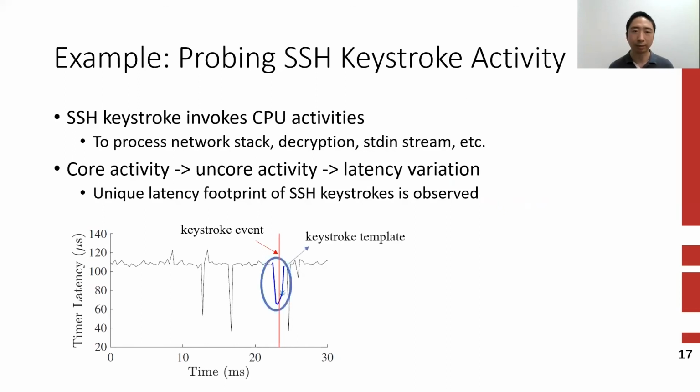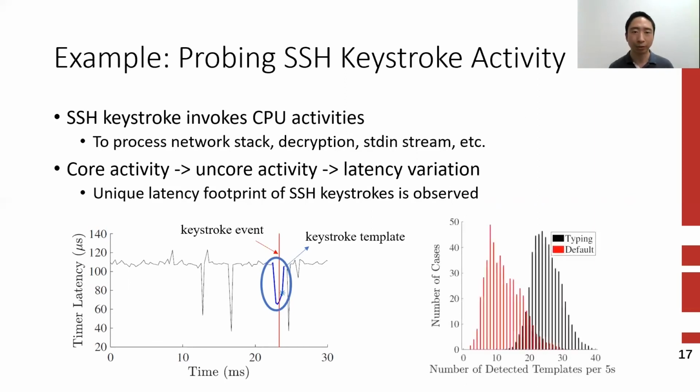We observe that the processing of SSH keystrokes exposes a unique time latency footprint. We use it as the template to differentiate the keystroke event from the background noise. It is possible to further extend this attack to launch a keystroke timing attack.